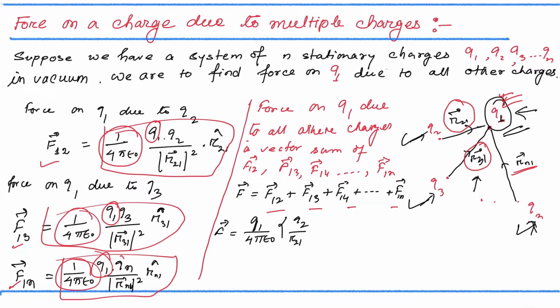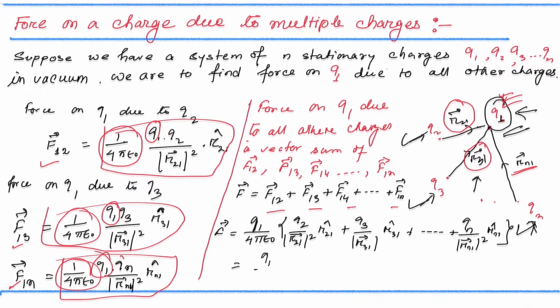Q2 by the square of the magnitude of R21, then R21 unit vector, plus Q3 by the square of the magnitude of R31 into R31 cap, which is the unit vector, and up to Qn by the square of the magnitude of Rn1, then its unit vector.